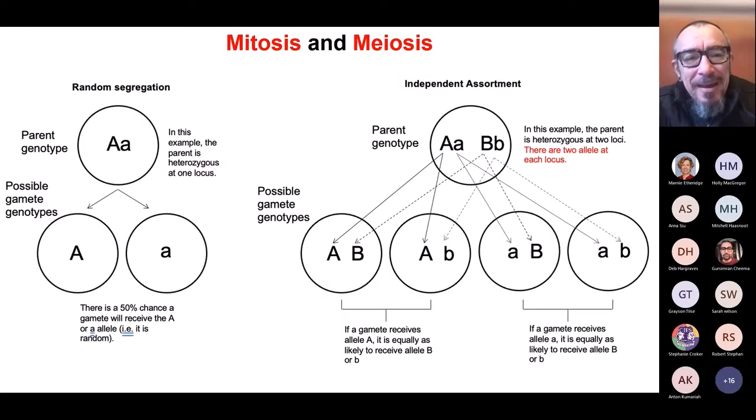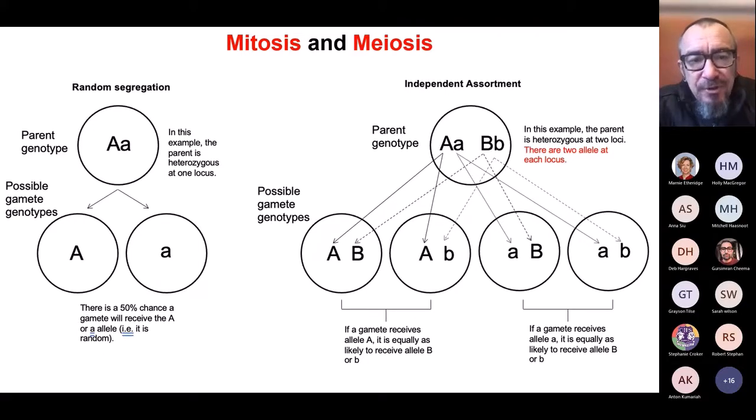But in terms of random segregation and independent assortment, this is the best way I can explain the difference to you, okay? I'll jump to independent assortment first. Now, we've got roughly 25,000 genes spread across 23 pairs of chromosomes. Basically, the genes that are found on chromosome 1 will independently assort to the genes that are found on chromosome 2, that are found on chromosome 3, and so on.